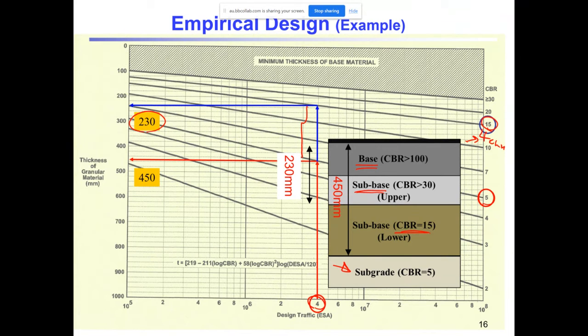And then we can use one upper sub-base with CBR larger than 30. So again, you continue until you reach the minimum thickness zone for the base layer. Continue, and the value that you read is 160 millimeters. So it means that you need to consider at least 160 millimeters for the base layer.